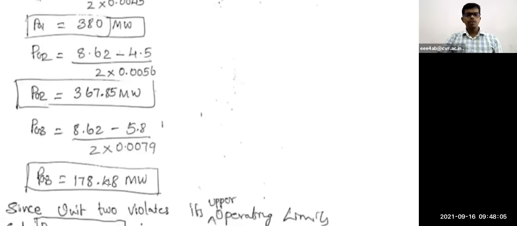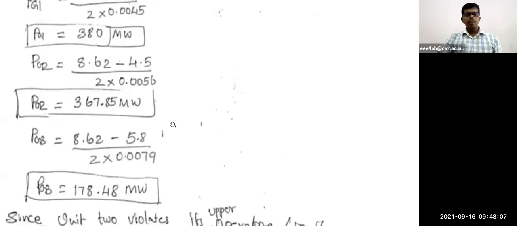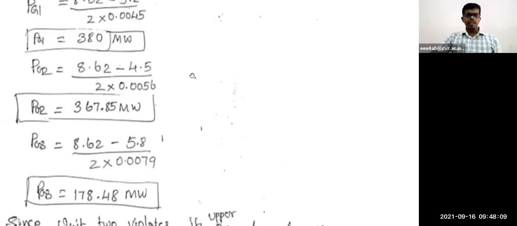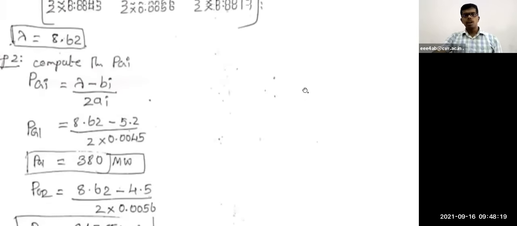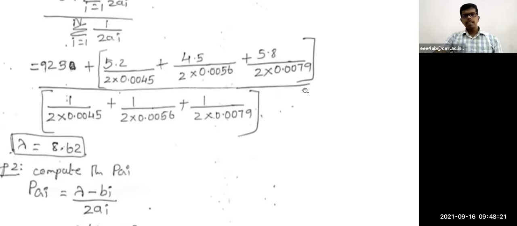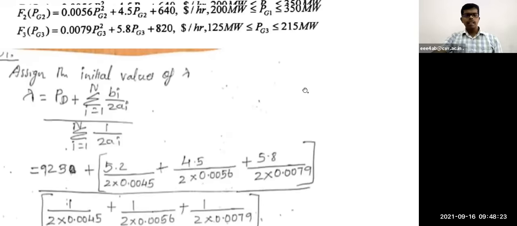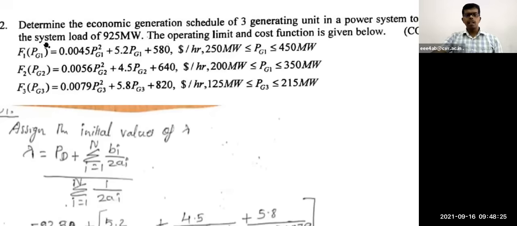Next, after this, clearly write these terms, that is PG1, PG2, PG3, along with their limits. Whatever limits are given in the problem, simply write them, to avoid confusion. PG1: 250 megawatt less than or equal to PG1, less than or equal to 450 megawatt.